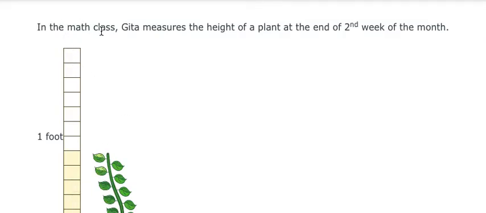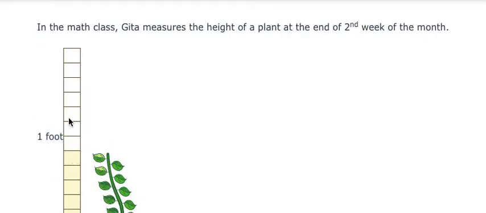In the math class, Gita measures the height of a plant at the end of the second week of the month. We have to find out the height of the plant. This whole thing is 1 foot.